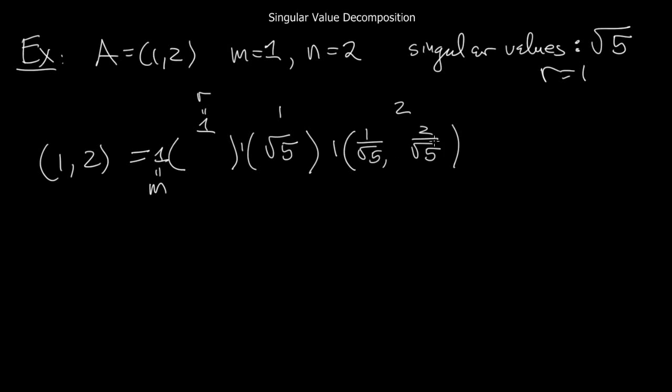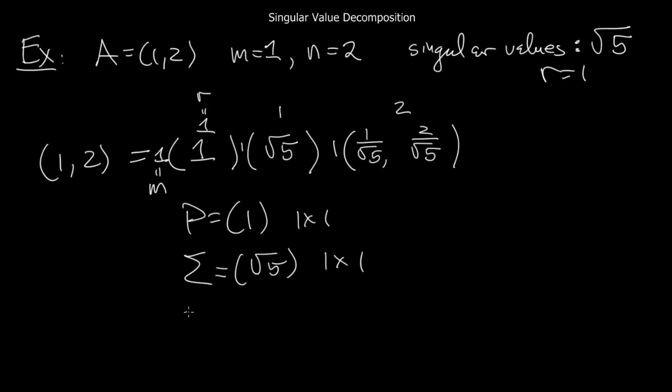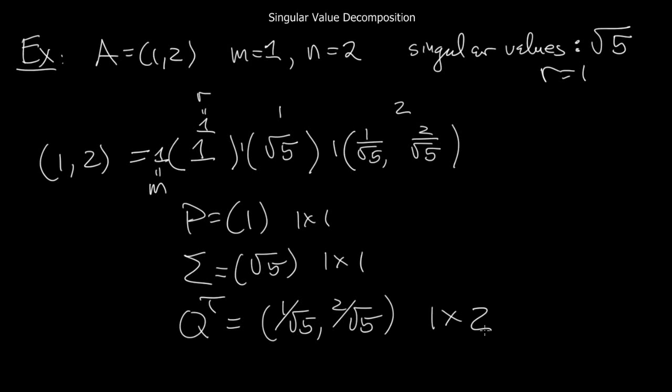So that's P, sigma, and Q transpose, respectively. It's just sort of traditional to call this Q transpose instead of Q. It doesn't really matter. Okay, so that's the singular value decomposition of this 1 by 2 matrix A.